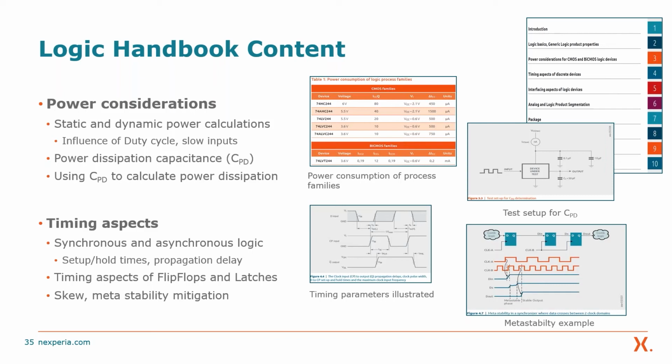These are also dependent on various process technologies, so we address that in, for example, a table like this. We explain how to calculate the power dissipation capacitance and how to use it, and give some recommendations for calculations of power dissipation. This is mainly done for both CMOS and also for the few BiCMOS products that we still have in our portfolio.